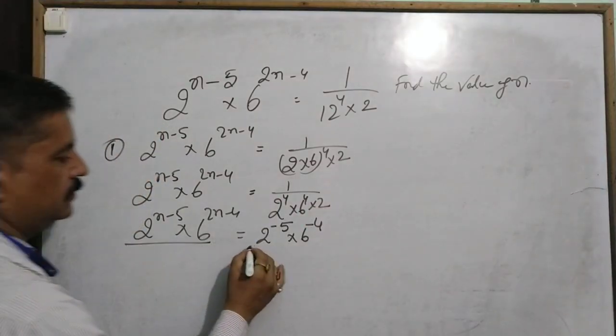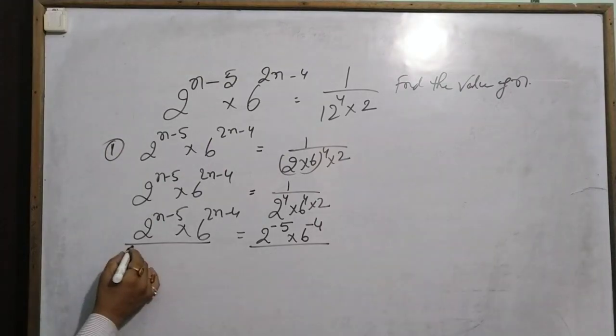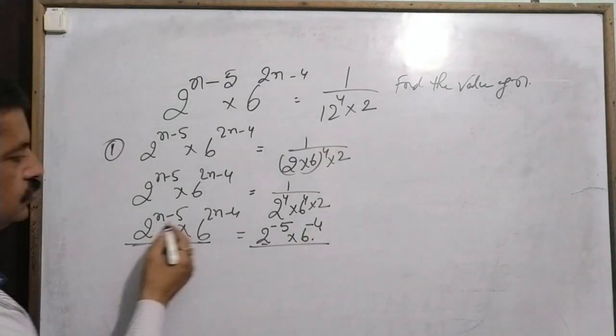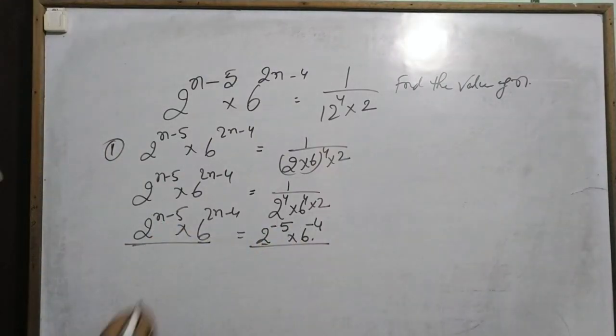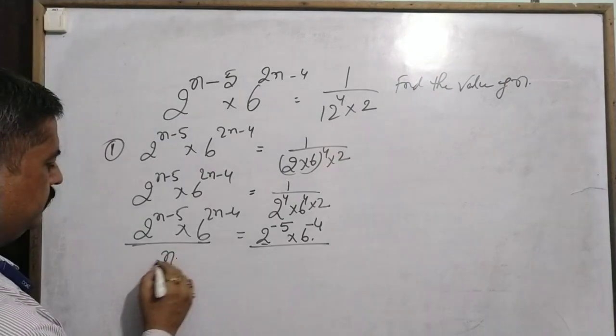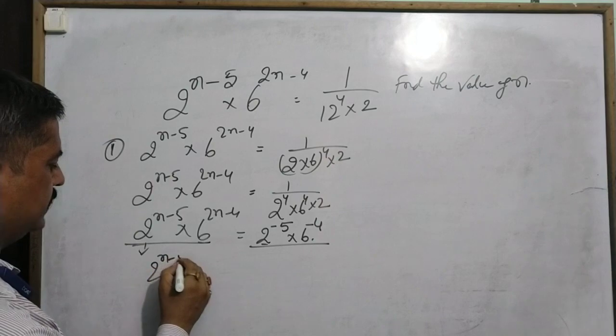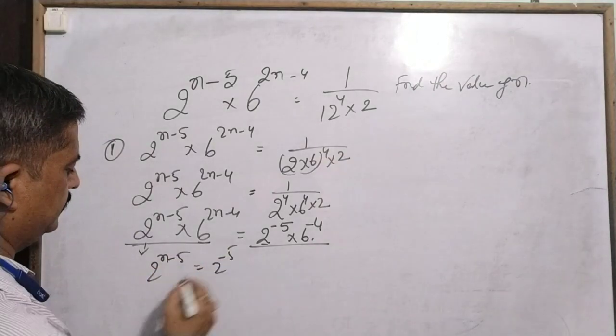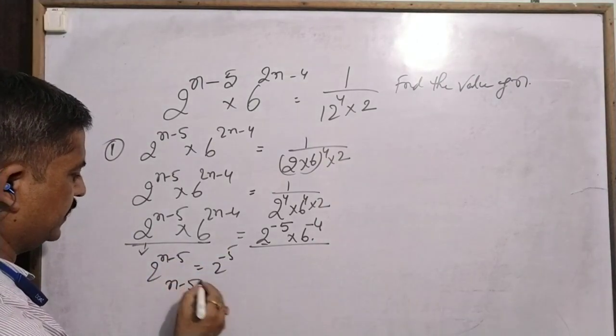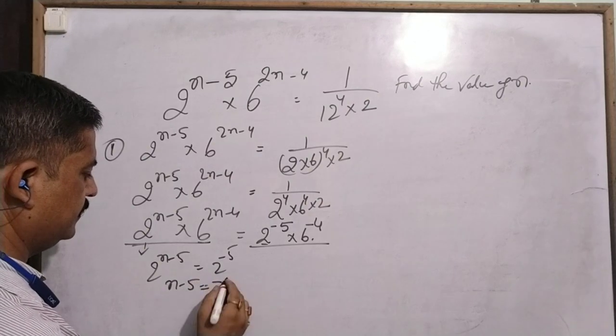So both sides have the same base, so the exponent will also be the same. So n, if you check that 2, so n minus 5 is equal to minus 5.